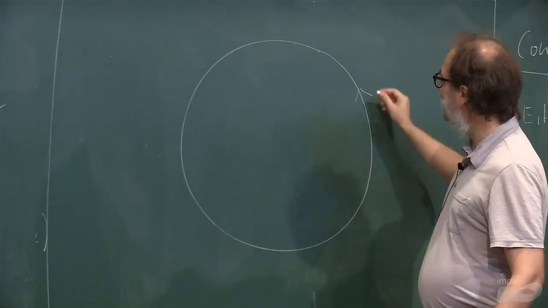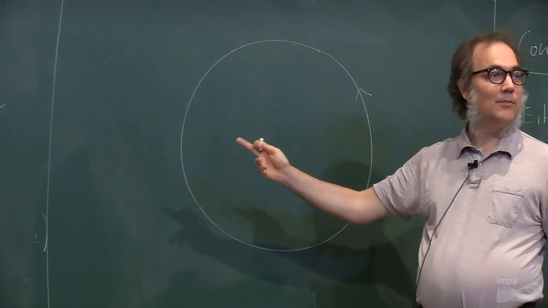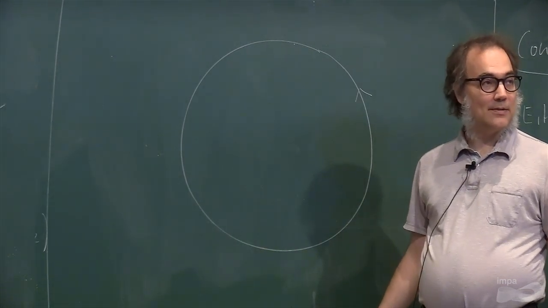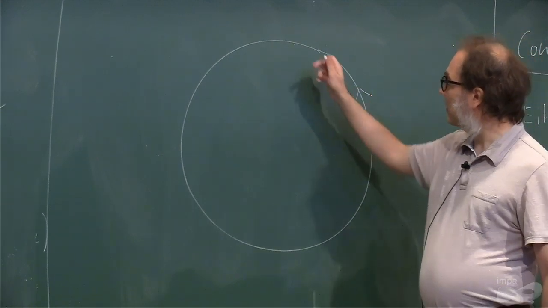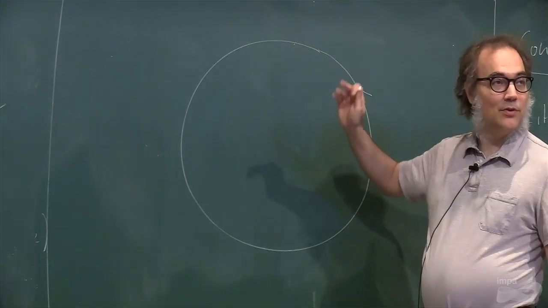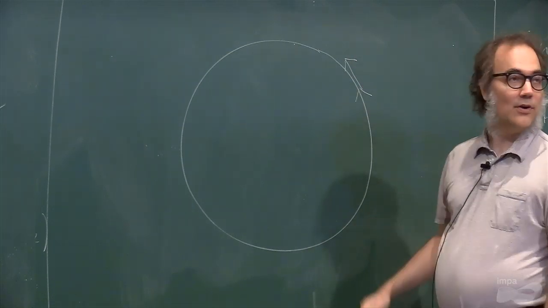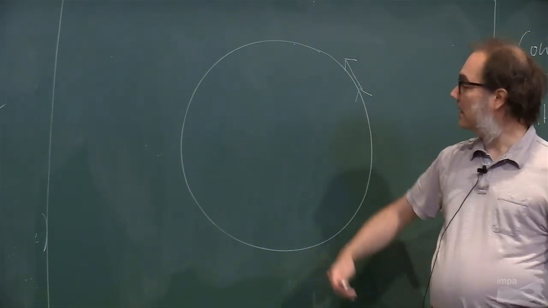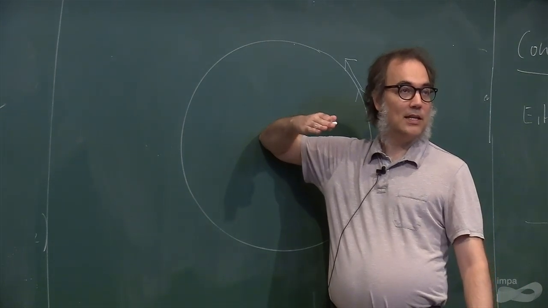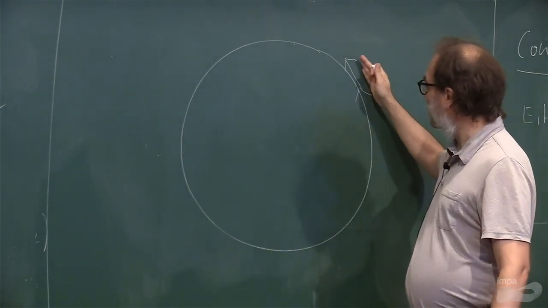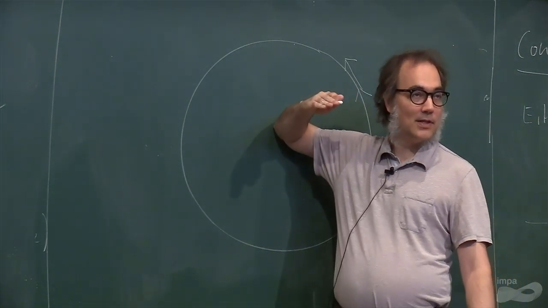And the boundary of this disk, in this case, will be the retrograde orbit. The Hamiltonian vector field is tangent at the boundary, but in the interior it will be transverse.